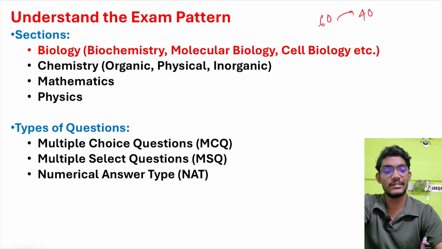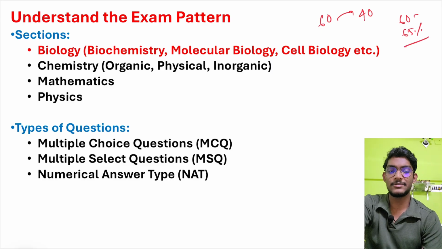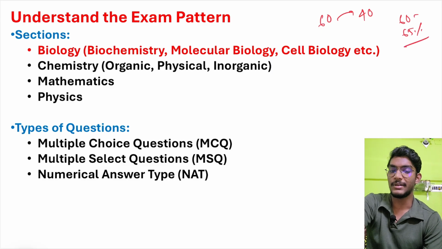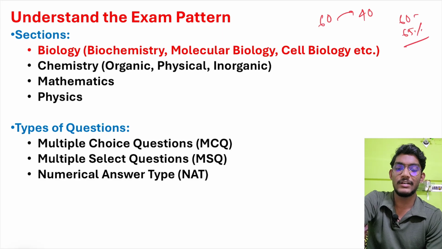So you can consider almost 60 to 65% of questions are asked from biology, and the rest are asked from chemistry, mathematics and physics. Among that, the chemistry portion is generally maximum, but chemistry, mathematics and physics will be almost equal in proportion. Now there are 3 kinds of questions: multiple choice questions, multiple select questions and numerical answer type questions.